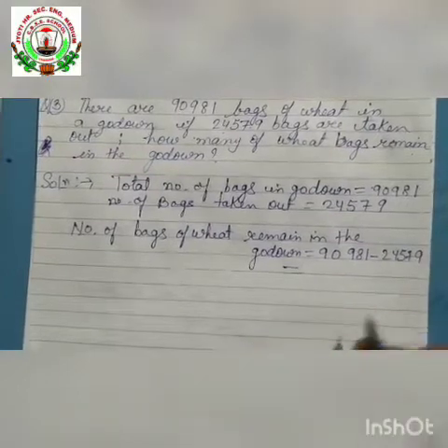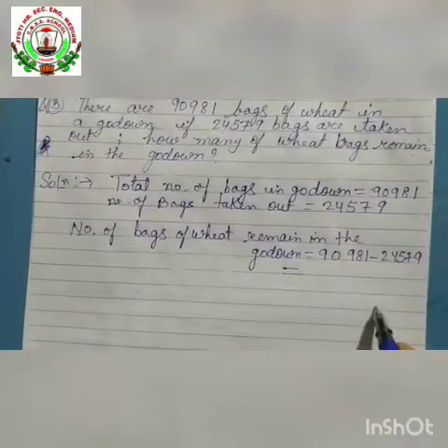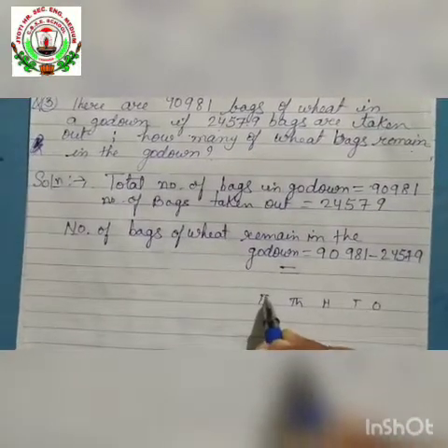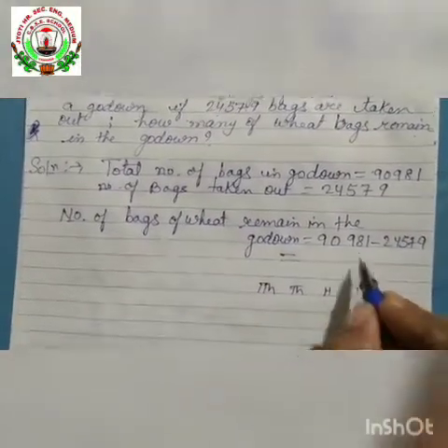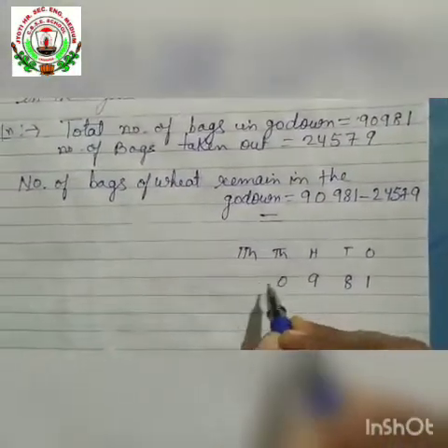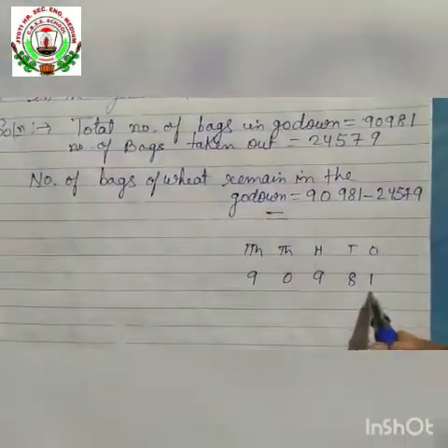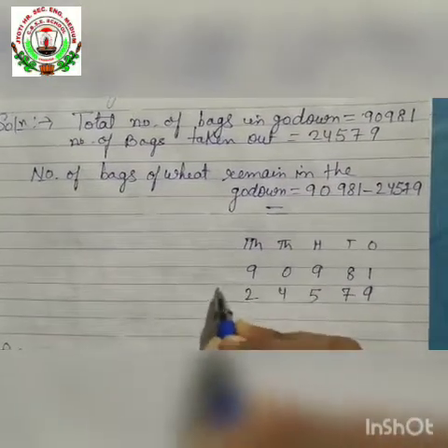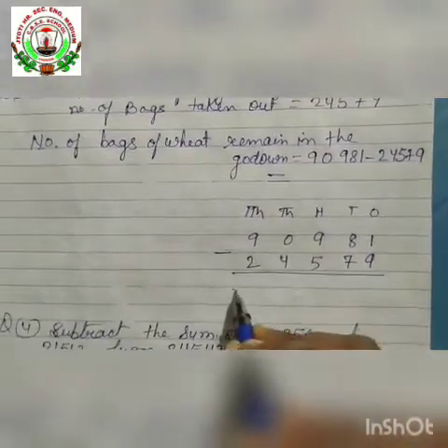So we will subtract it. Ones, tens, hundreds, thousands, ten thousands. It is the bigger number 90,981. The smaller number is 24,579. Put the minus sign, subtract it.